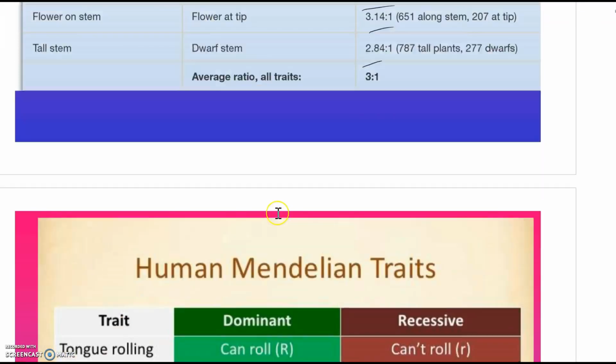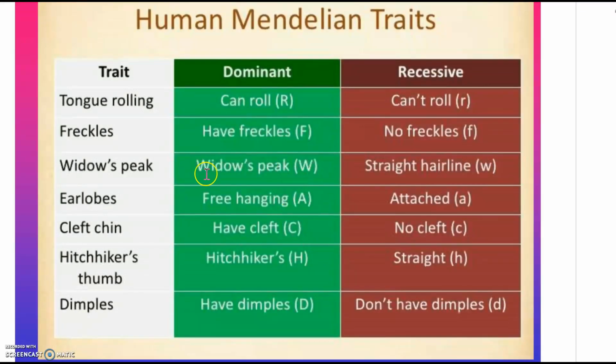But before we get to that, a couple other pieces of information here. Mendel was looking at this in pea plants. There are some traits in humans that follow what's called this Mendelian inheritance pattern or dominant recessive inheritance pattern. Most things in humans don't. Most things exist on a spectrum like height, or there's many more than two alleles like eye color.